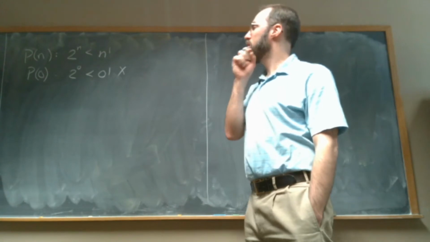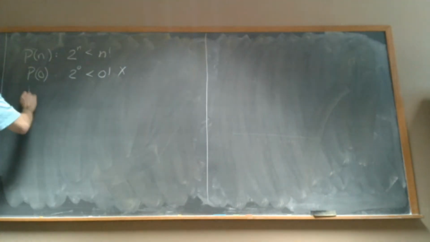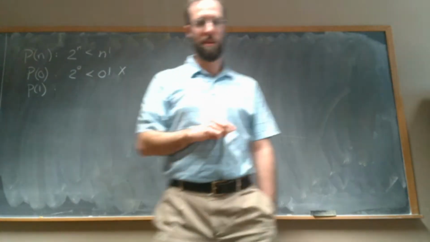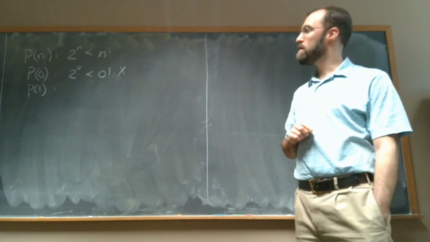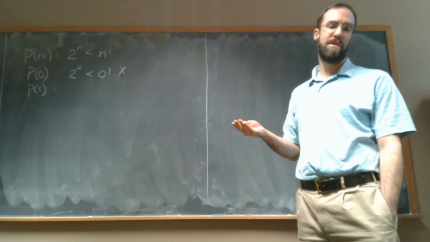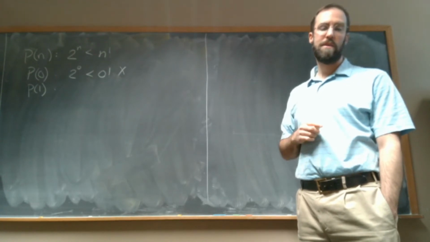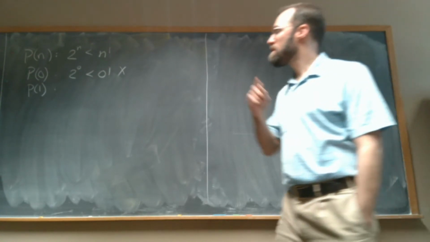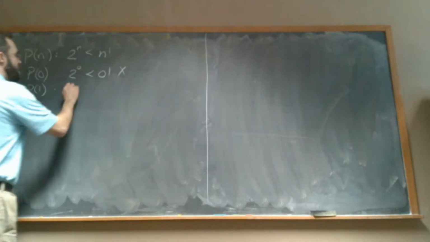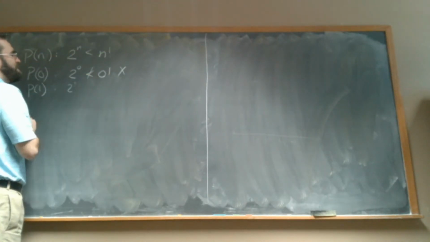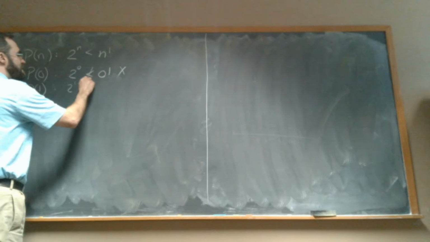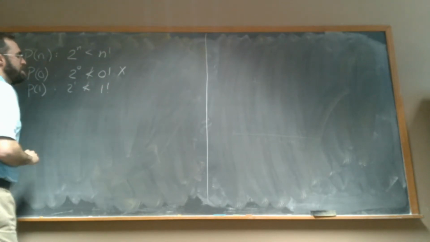Okay, what about P of 1? Is this ever true? You might like to pause it at this point and try some values of n and see whether you think this is ever going to be true or not. If we try 1, it's not true for 1 either.